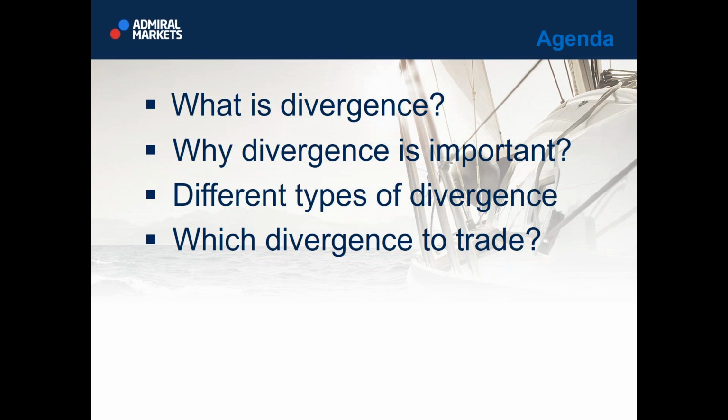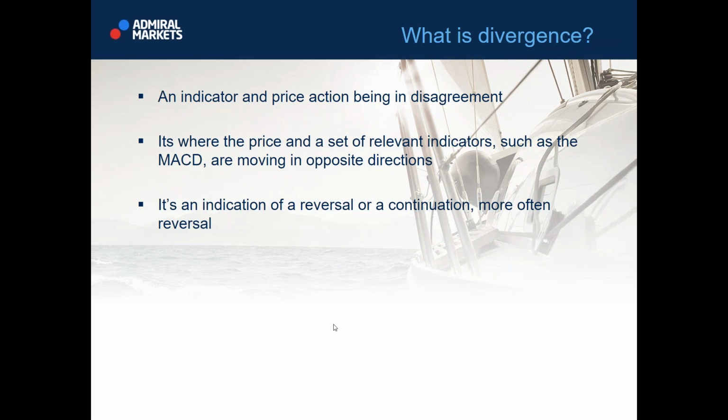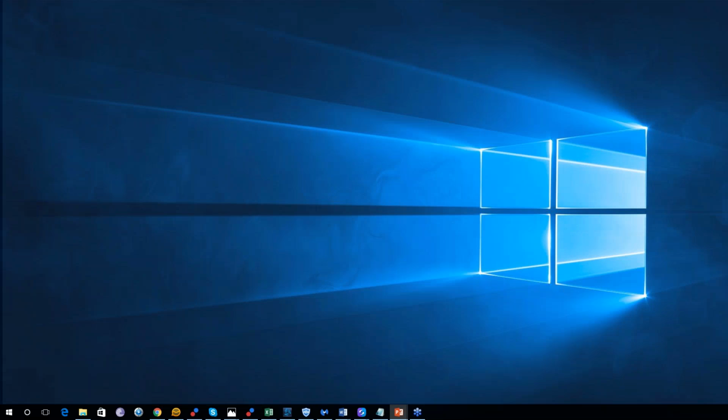So once more, today's agenda is divergence, which will be an important part of your trading. Now, what is divergence? A lot of people would probably say that it is when those lines diverge or converge. So when we see lines diverging, we say it's divergence. Well, basically, we can say it's similar to that.